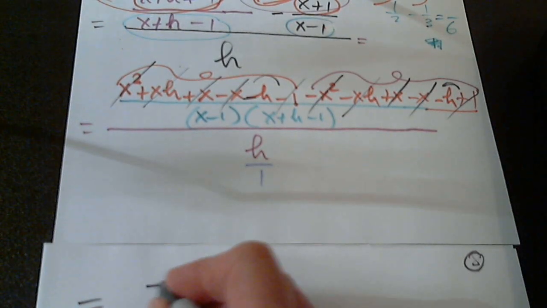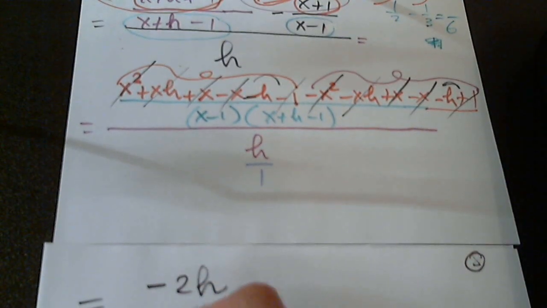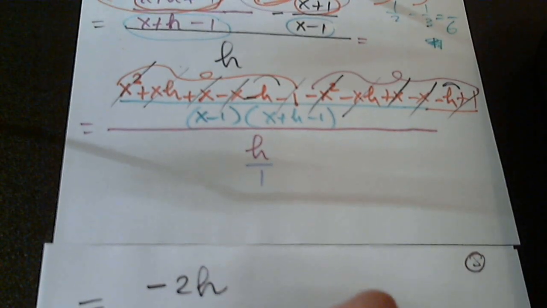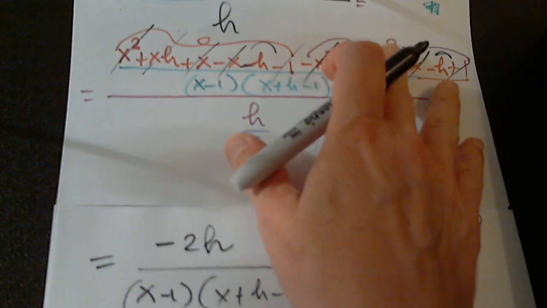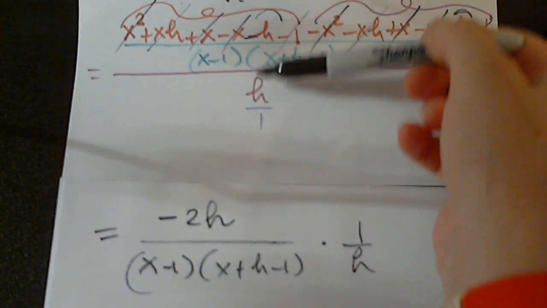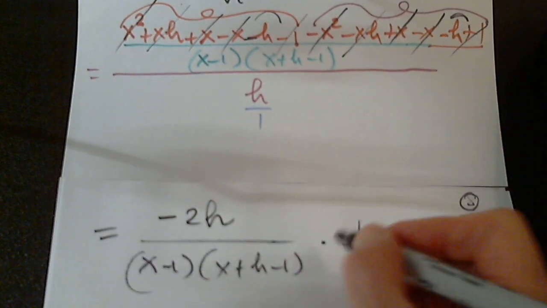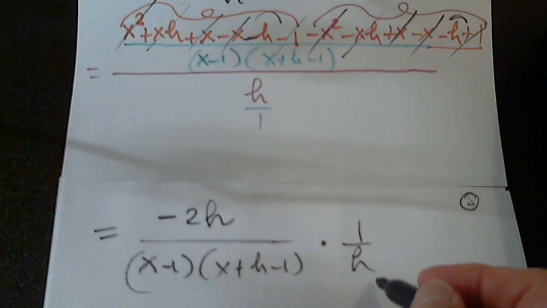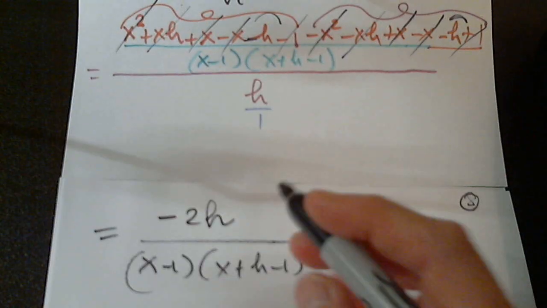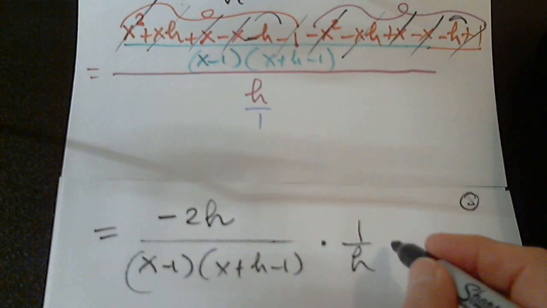Negative 2h, perfect, over x minus 1, x plus h minus 1, times 1 over h. We divide two fractions in the following way: we copy the fraction from the top and multiply it by the multiplicative inverse of the denominator. H is the same as h over 1, so when I flip it, it's 1 over h.